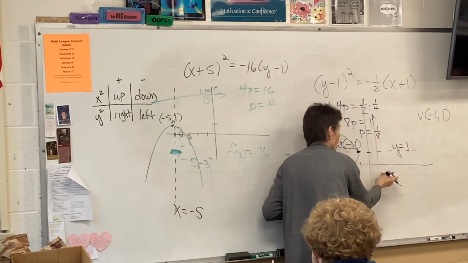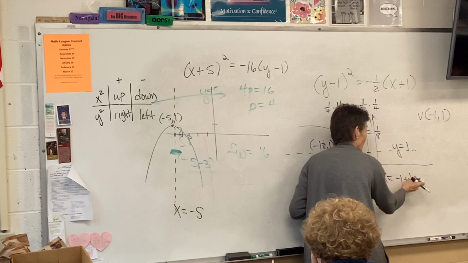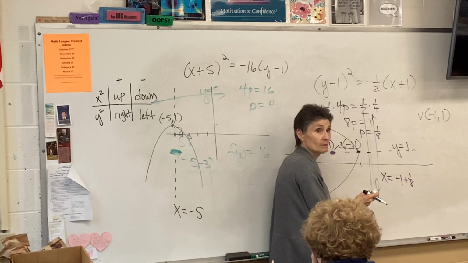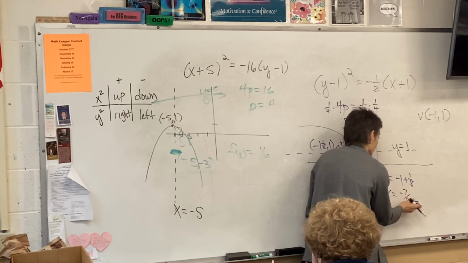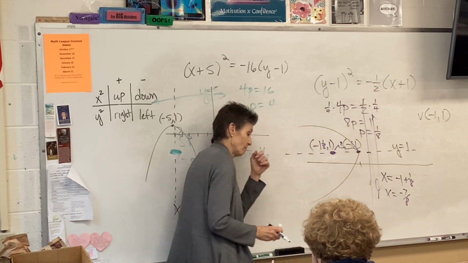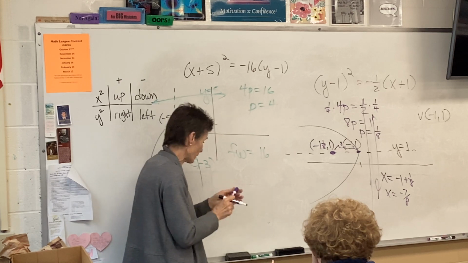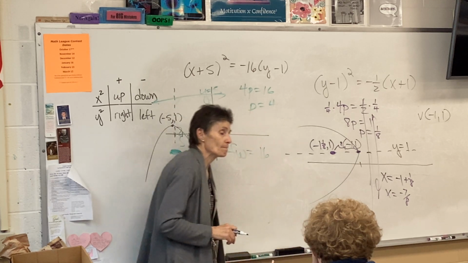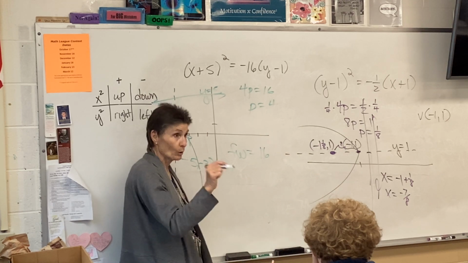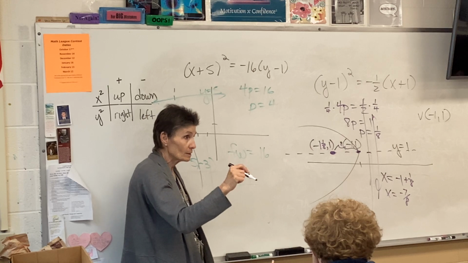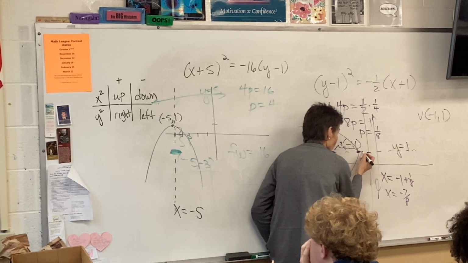That equation will be x equals negative 1 plus 1/8, negative 7/8. My picture doesn't match that, but we don't care, as long as we can figure it out. You're using graph paper, so you got it made this shape. If you go forward 1/8, you're right in there, aren't you?